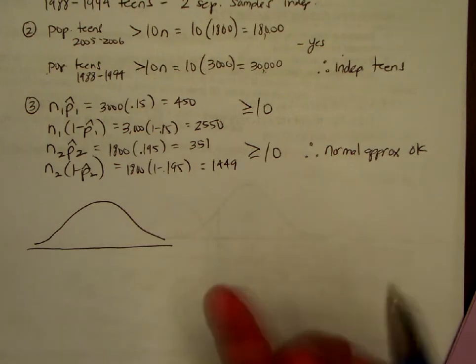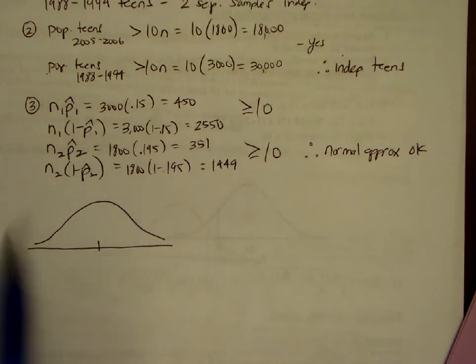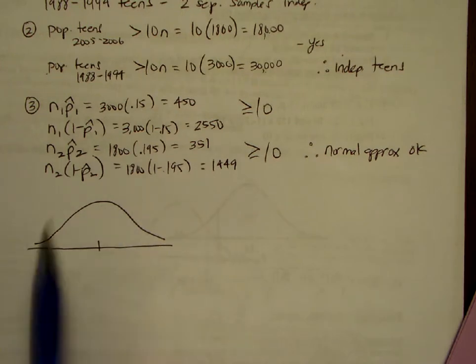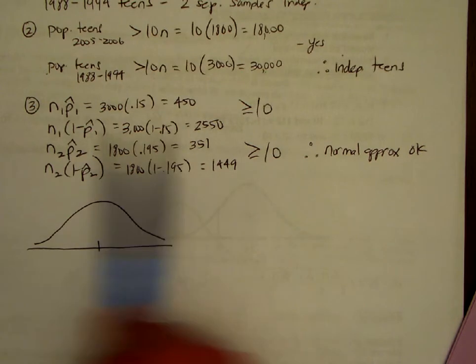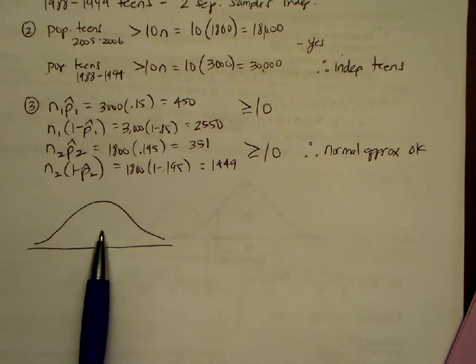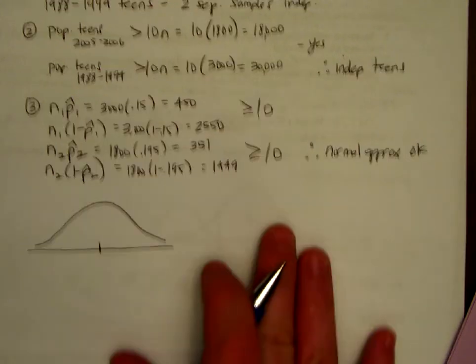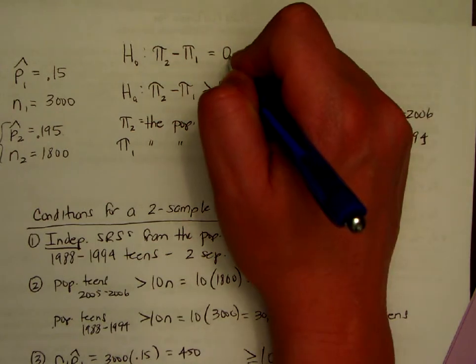So, I'm trying to decide what goes in the curve. If you have the Greek letter, you're going to use that. Remember, this sampling distribution is actually bringing two distributions together. It's bringing the 1900s one and the 2000, and it's putting it as a difference on this one curve right here. So in the middle of this curve, always look to your H0 and Ha if you're doing a significance test. 0 is going on that curve.